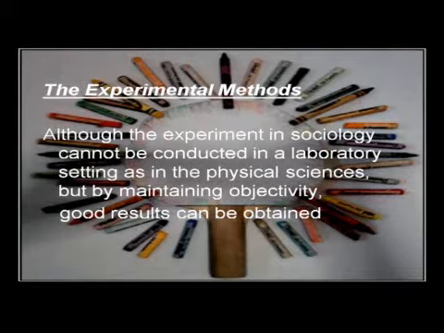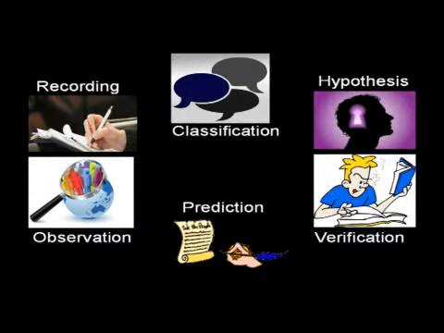Another interesting method in sociological studies is the experimental method. Conducting experiments in sociological studies is very difficult, but still sociologists have tried to study social issues experimentally. The experimental method consists of observing, recording, classifying, framing a hypothesis, then verification and at last prediction.